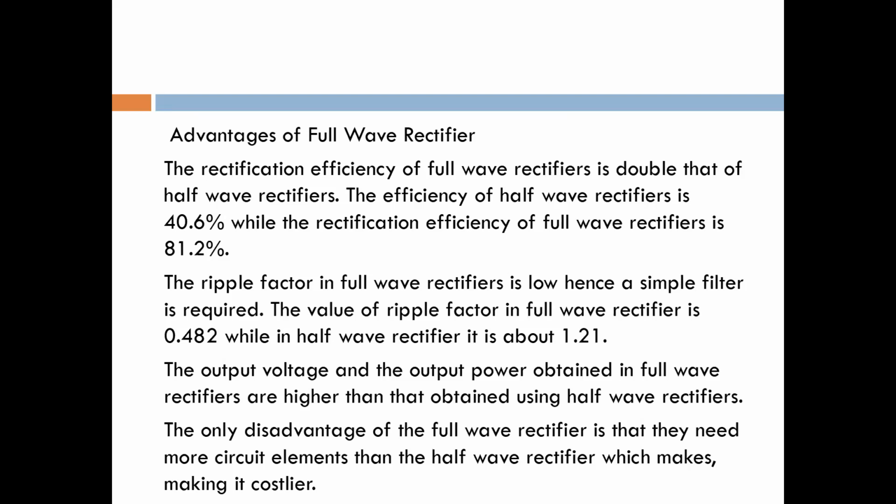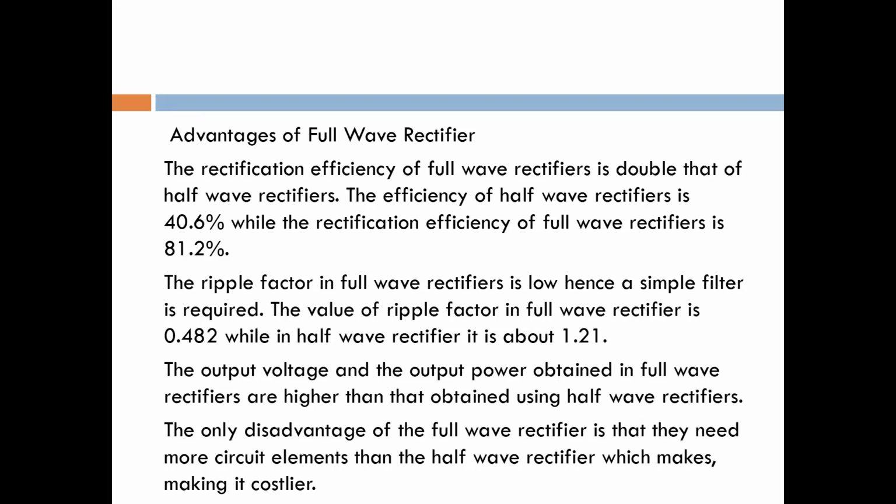The ripple factor in the full wave rectifier circuit is low, and a simple filter circuit is used. The ripple factor in a full wave rectifier is only 0.482, while in the half wave rectifier it is 1.21. The output voltage and output power obtained in a full wave rectifier circuit are higher than in the half wave rectifier circuit.